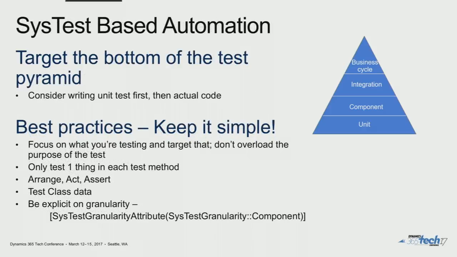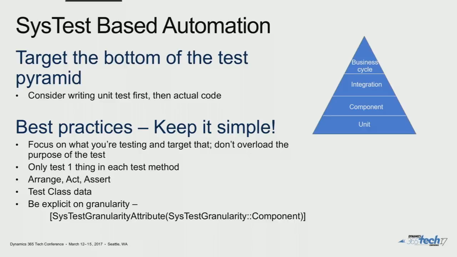The sys-test-based automation, especially the lower part of the pyramid, again, is really focused on the engineering folks. And the great thing that we have going forward with extensions is that that's a much more testable solution than overlayering is. So as you're developing extensions, both for ISV products and for implementations, there's a great opportunity moving forward to create tests for those that are truly more unit tests.